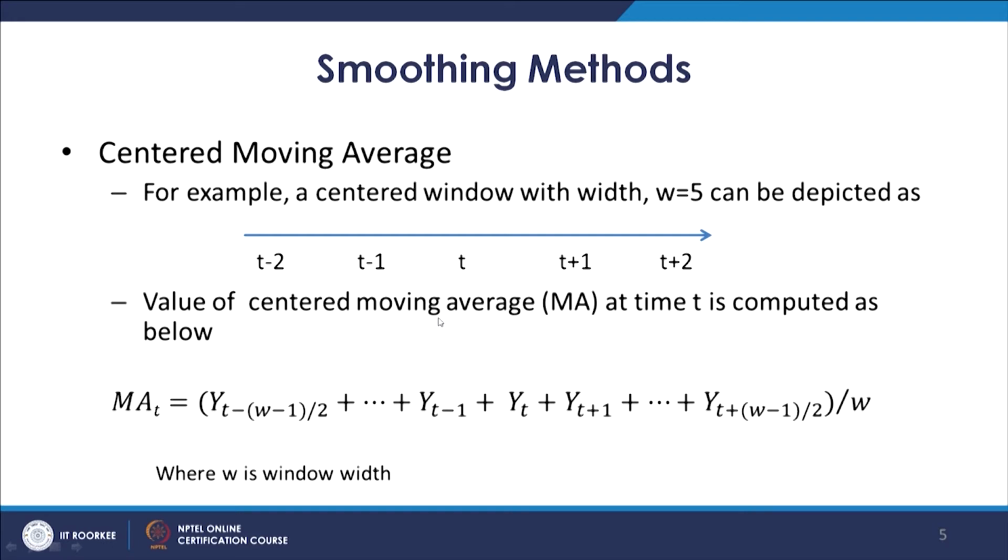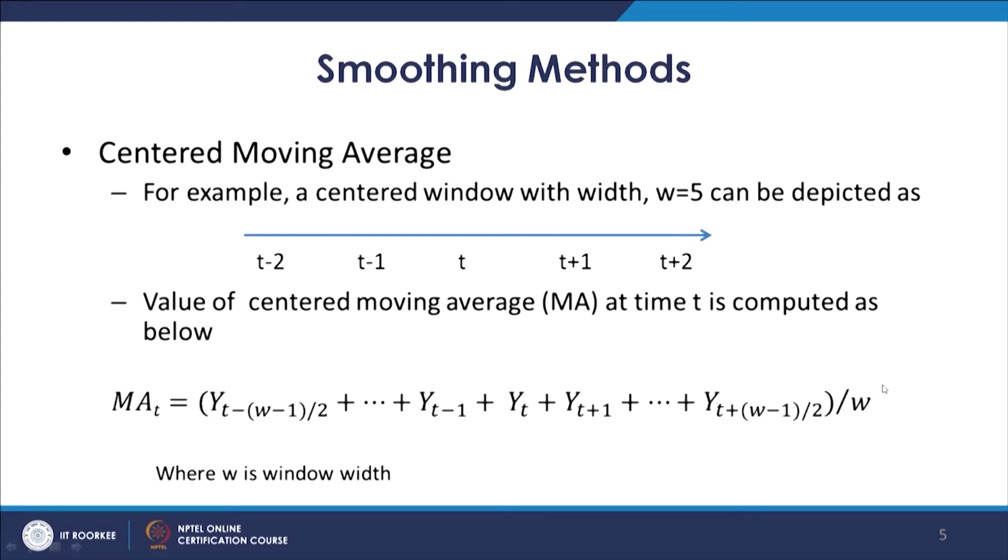You can look at the second point: the value of centered moving average MA at time t is computed as below. This is the generalized equation. For any time t, a moving average can be computed like this: y at t minus (w minus 1) divided by 2, and so on, y t minus 1, then y t, then y t plus 1 and so on.